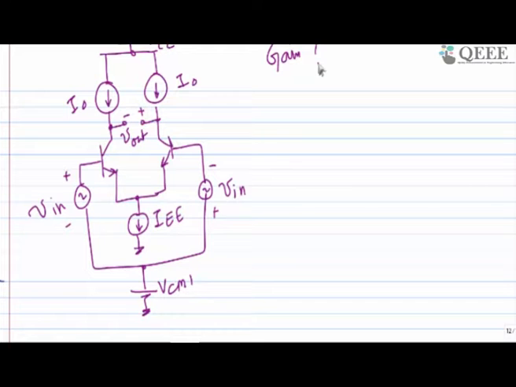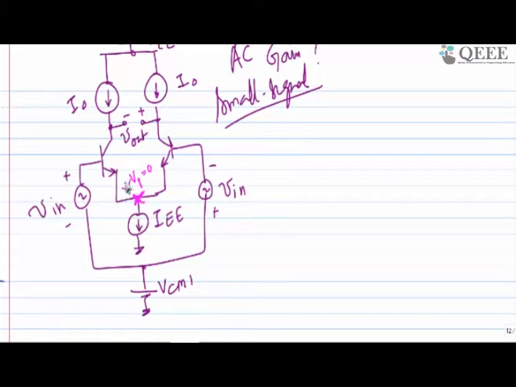When I say gain, it has to be AC, small signal gain. So to find the small signal AC gain, I first have to find out whether this point is 0 or not. Yes, it's 0. So Vp is 0 in the presence of Vin plus and Vin minus with 180-degree phase shift. That is good.